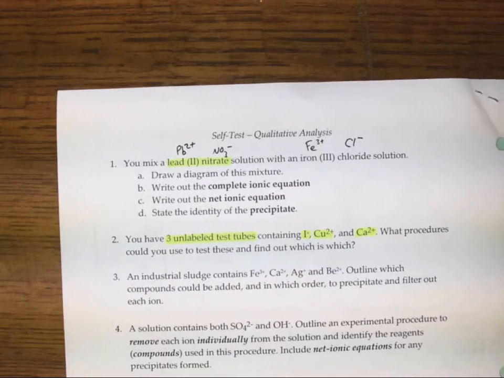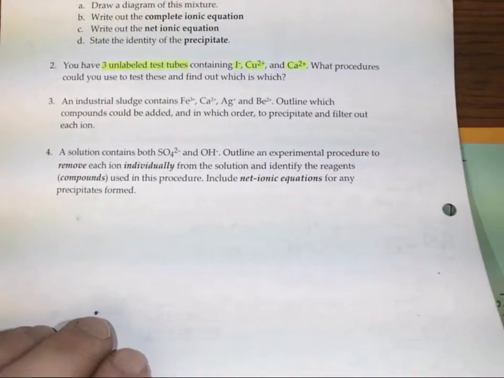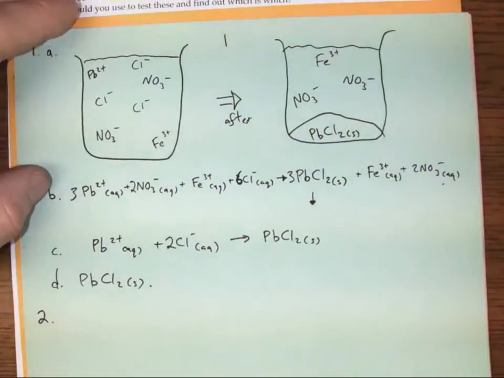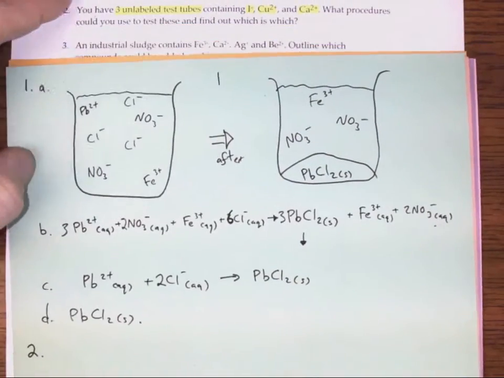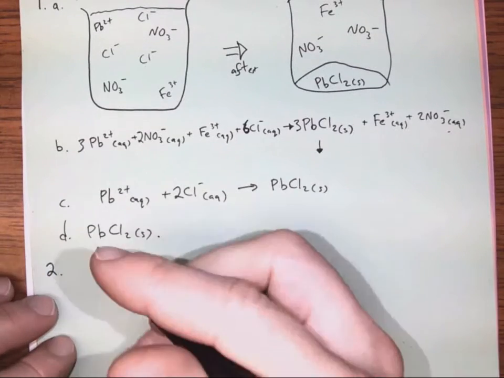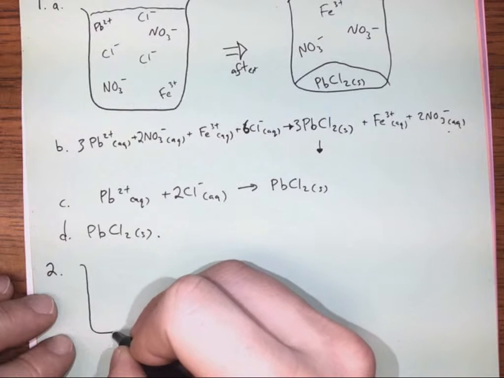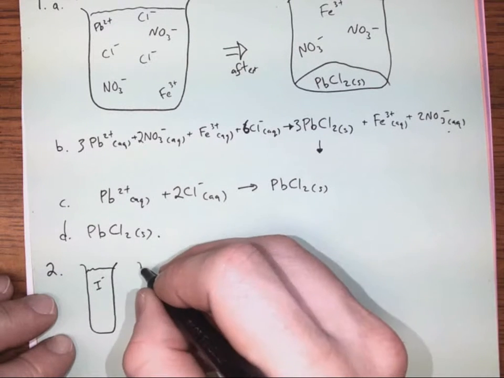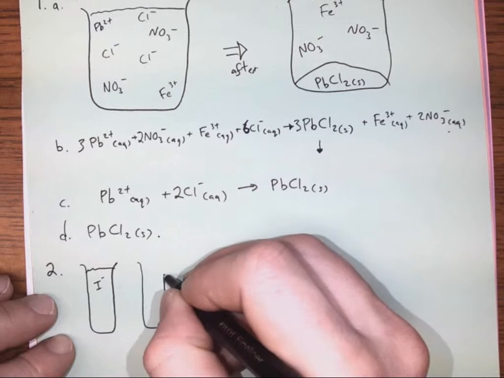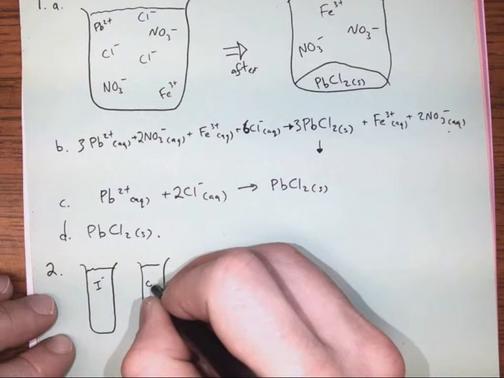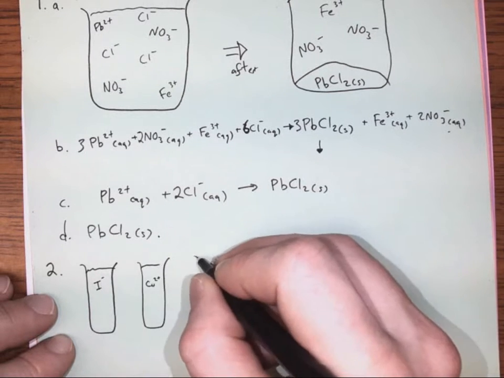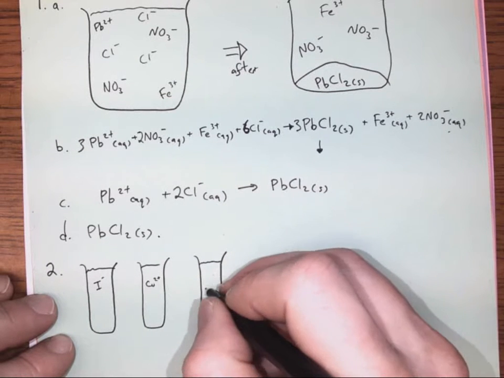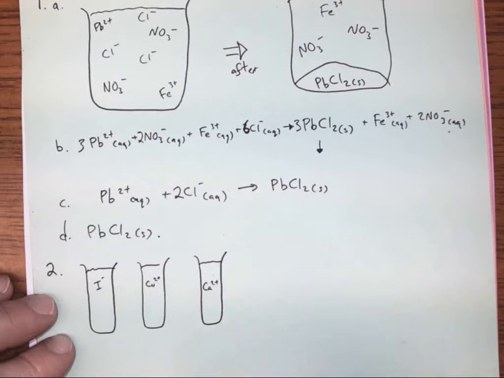So I might draw a diagram here. All right, question 2. I've got these 3 test tubes. This is my iodide test tube. I've got a copper test tube, and a calcium test tube.